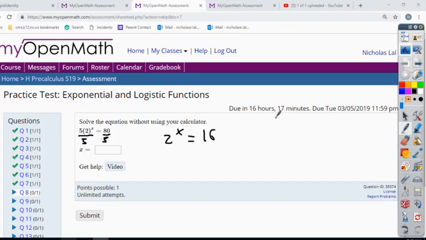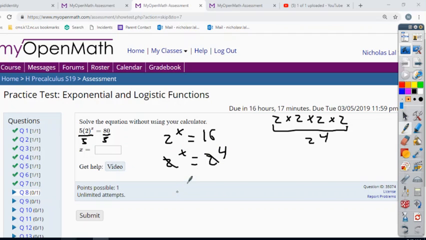I just got to know that 2 times 2 is 4, times 2 is 8, times 2 is 16. So 16 is 2 to the 4th. So I have 2 to the x is equal to 2 to the 4th. Cancel out my bases, set my exponents equal to each other. x is equal to 4.